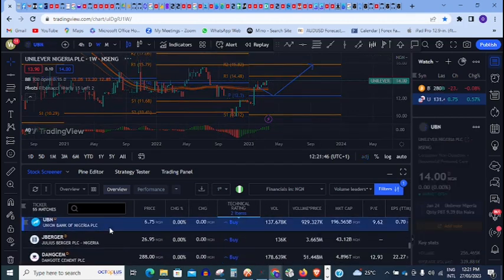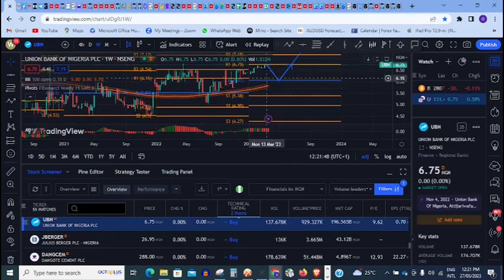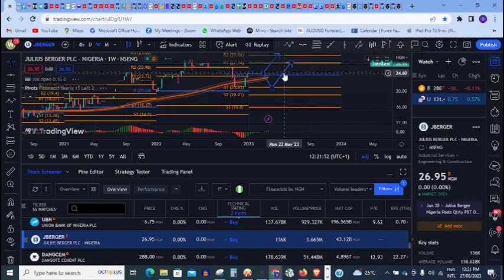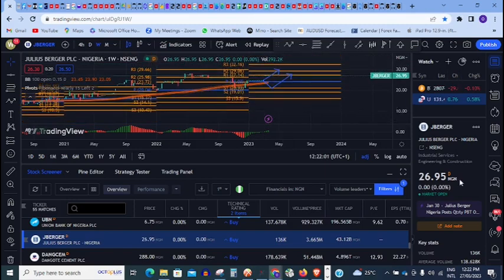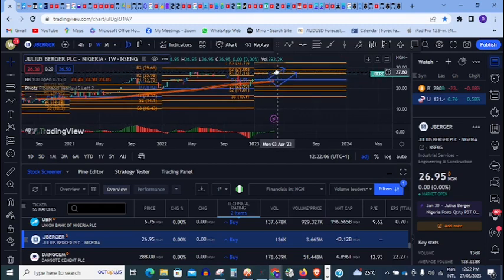Union Bank of Nigeria. Okay, I would prefer a pullback for that stock. Okay, in the case of this is Julius Berger. You can take this entry, or market can decide to follow this path. Sorry, this is the current price.